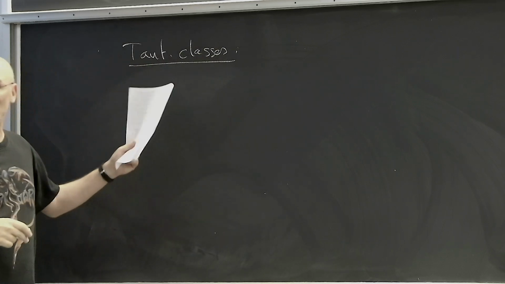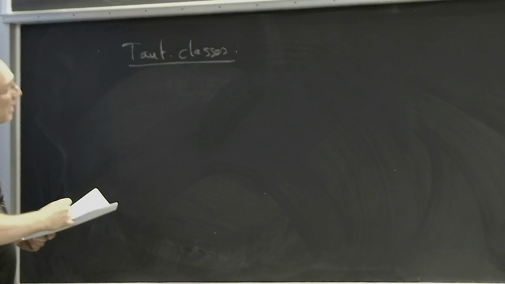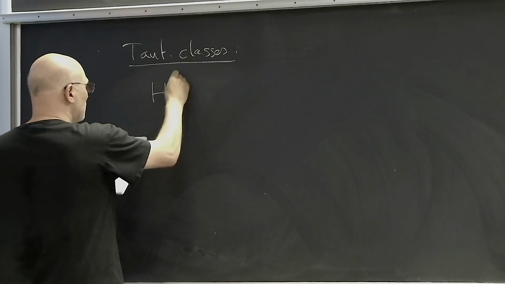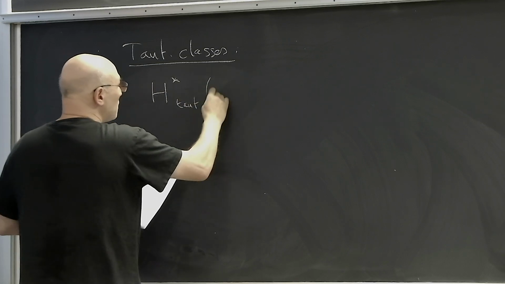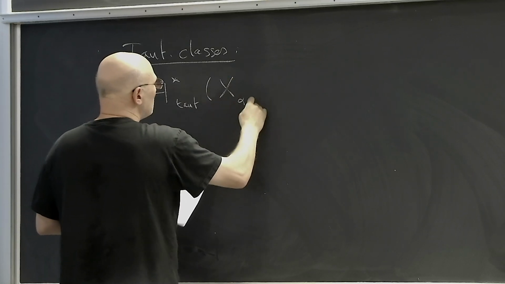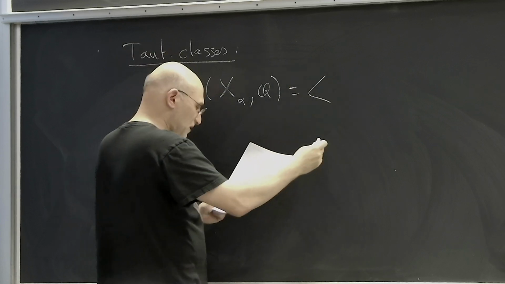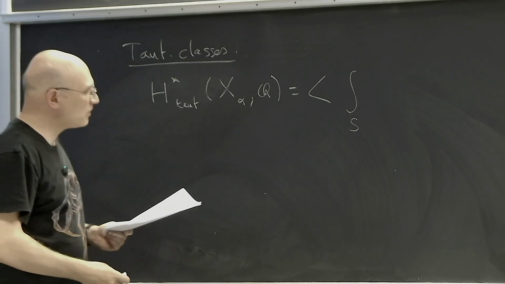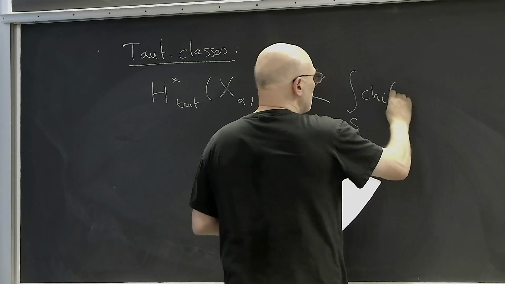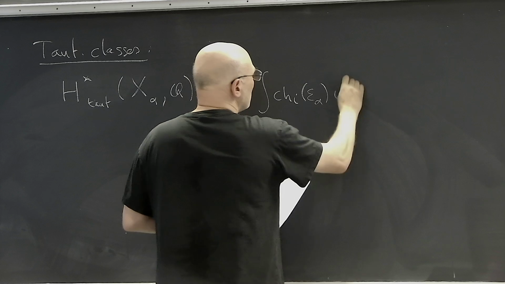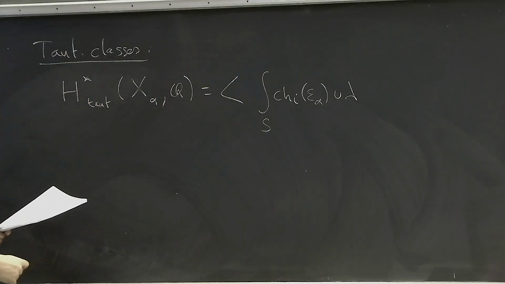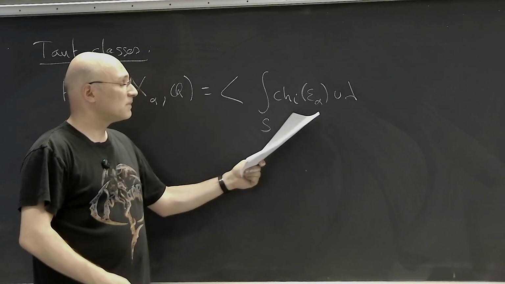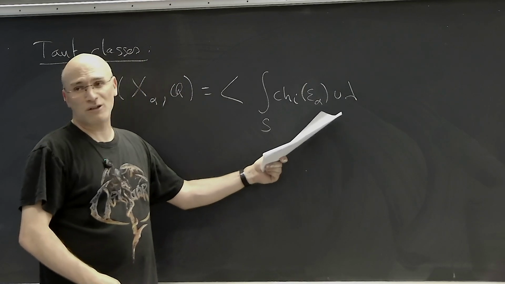Junliang introduced tautological classes this morning. I'm going to consider exactly the same. One can define a tautological part, let's say of X alpha, which is whatever is generated by these things: you take the integral over S of the cup product of a cohomology class on S with the Chern character of the tautological sheaf.